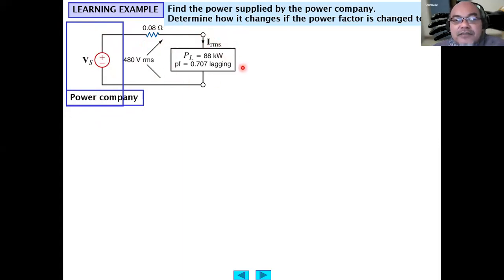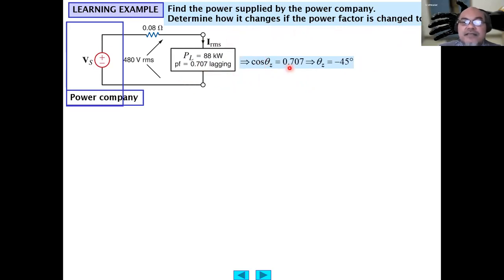And we have the load here. The power of the load is 88 kilowatt. The power factor is 0.707 lagging. Determine how it changes if the power factor is changed to 0.9.